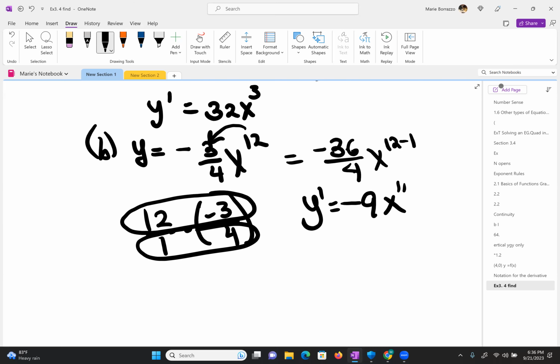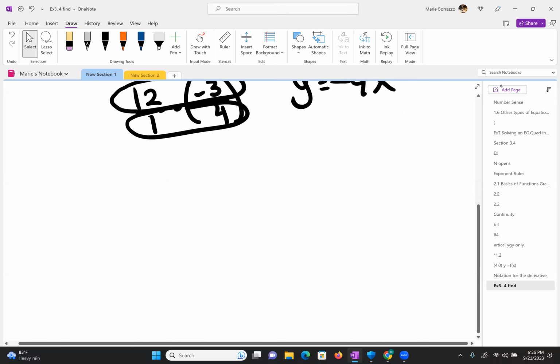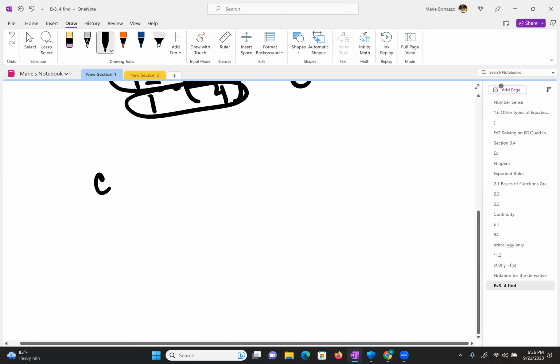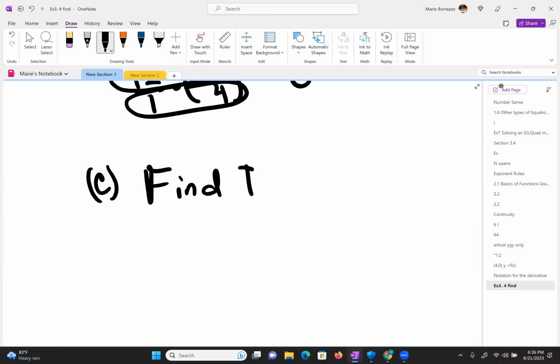All right. Example C. In example C, they want us to find the first derivative of negative 8t. Final answer? What happens to the t? It's a t to the 1 power.